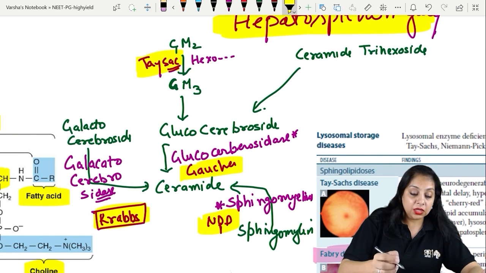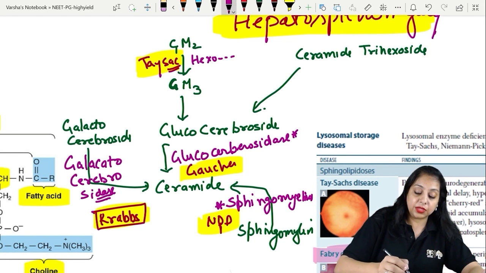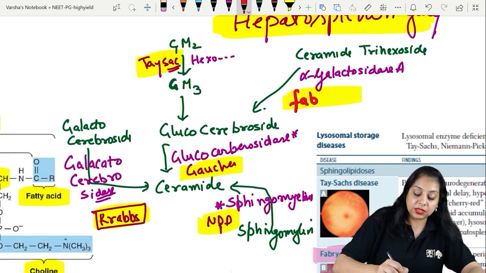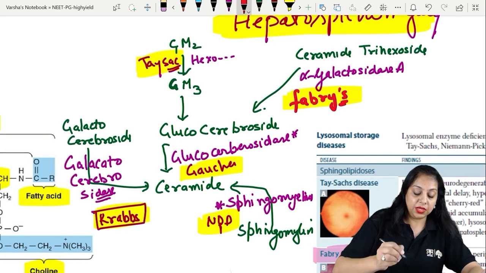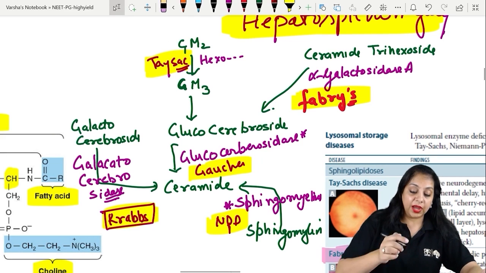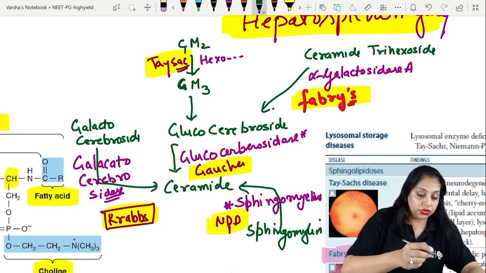Ceramide trihexoside to ceramide is alpha galactosidase A, and the deficiency disease is Fabry's disorder. The one we are left with is metachromatic leukodystrophy.